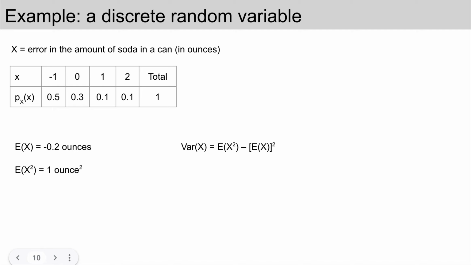Thus, all we need to do to calculate the variance in errors from can to can is to plug these numbers into our second formula for variance. Specifically, the variance in x is 1 minus negative 0.2 quantity squared, or 0.96 squared ounces. Taking the square root, the standard deviation in x is 0.98 ounces. That is, when the machine fills a can of soda, we can expect its error to be 0.98 ounces from the mean of negative 0.2 ounces.